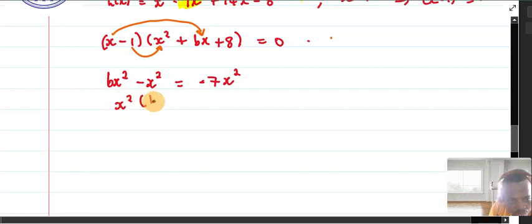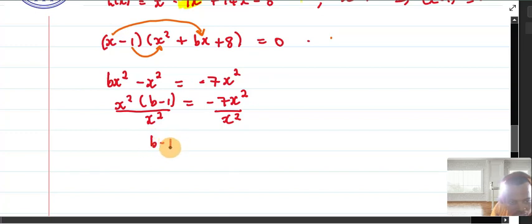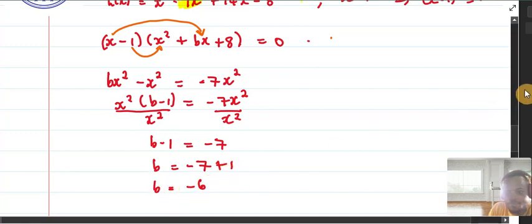You're left with b minus 1 being equal to minus 7. So you can divide both sides by x squared. You're now left with b minus 1 equal to minus 7, meaning your b can be written as minus 7 plus 1. You add 1, so b becomes minus 6.